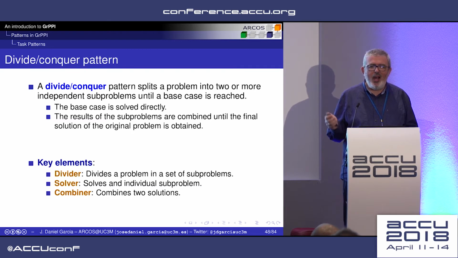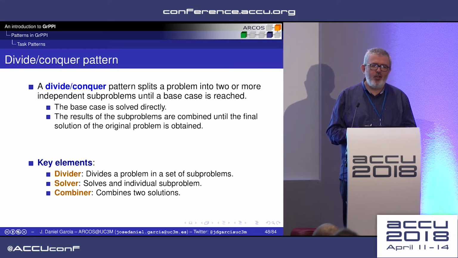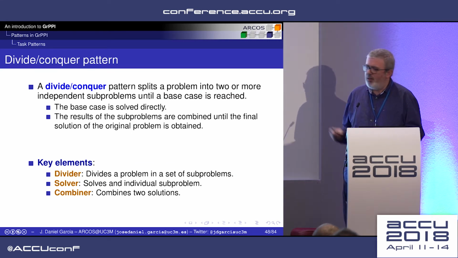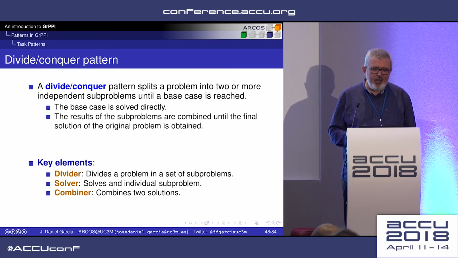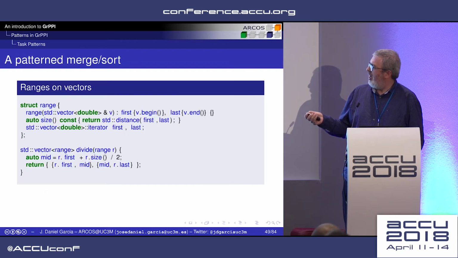As an example, I will show you how we can parallelize the merge sort algorithm. Just some helper thing, I define a range as a pair of iterators first and last. And here is my constructor. From a vector, I can construct a range with begin and end.